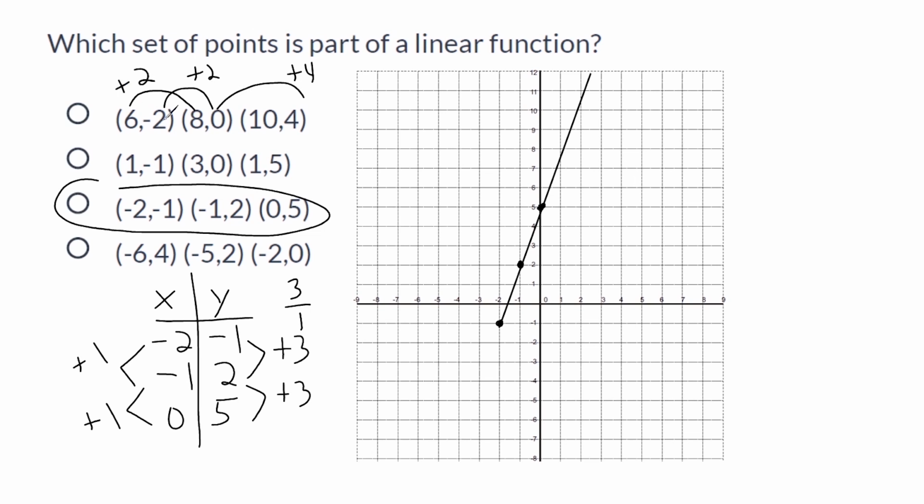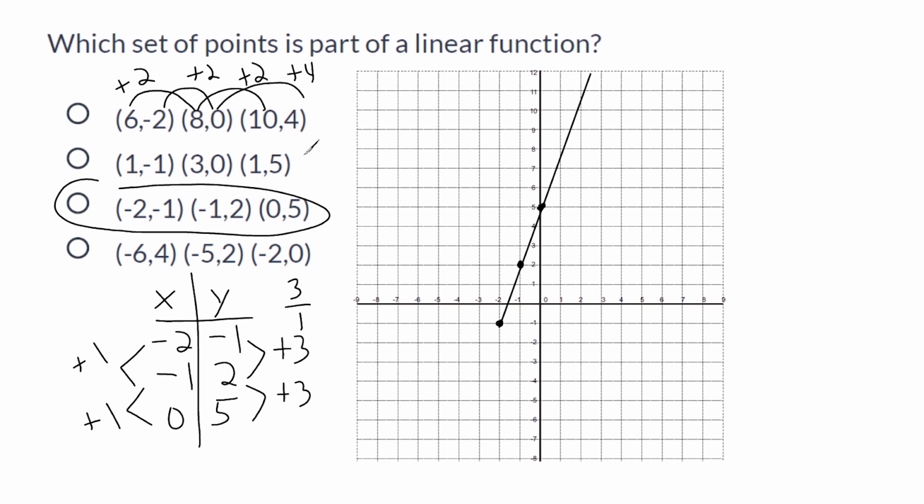So for the first 2 points, we have a change of 2 for the Y, a change of 2 for the X, which would be 2 over 2. But between these 2 points, if we go from this X to this X, that is a change of 2. So the slope between these 2 points would be 4 over 2, which is different than 2 over 2. So we have different rates of change here.